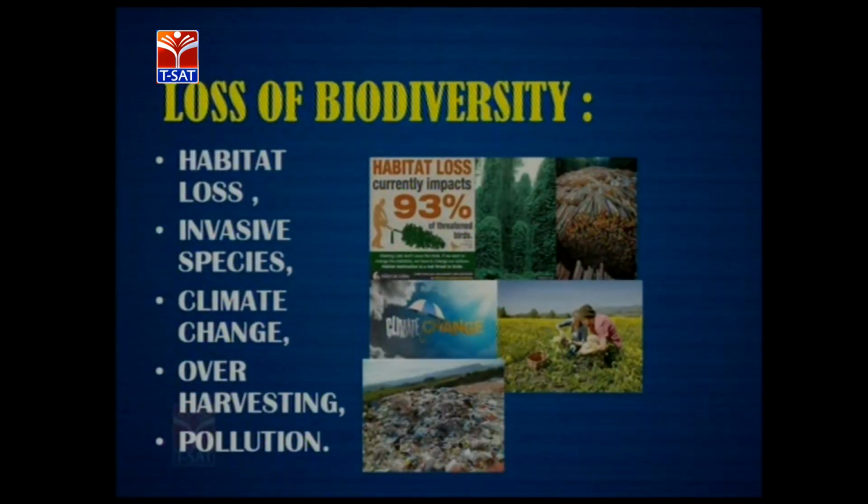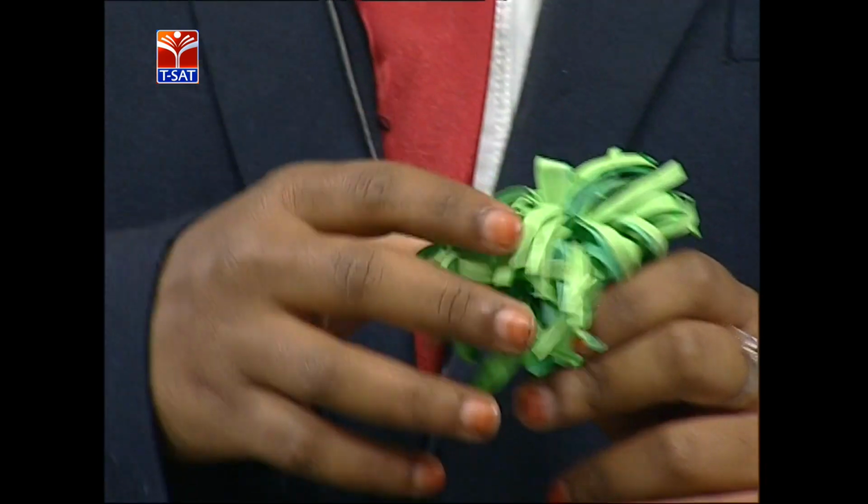So far we have said that the causes of biodiversity loss include habitat loss, invasive species, climate change, overharvesting and pollution. Habitat loss is nothing but loss of address. Suppose you cut a tree like this, then all the animals or birds present on it will die. For example, assume that we are humans.